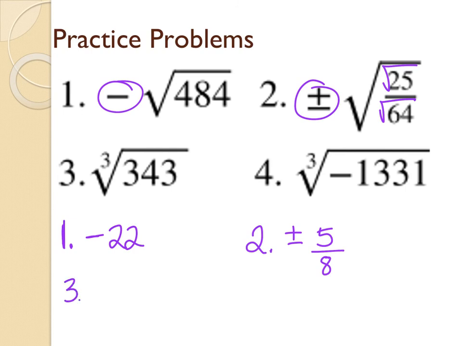Number 3, the cube root of 343. Remember, you have to hit 3, second house top, and then your number. So the cube root of 343 is 7.